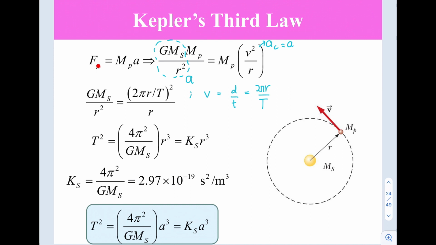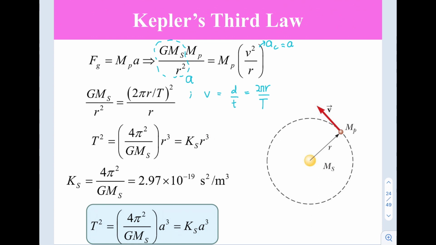So the G here comes from the sun, which is why we use the mass of the sun. In simple terms, everything in the parenthesis is replaced with a simple term, Ks. This is a constant, and S stands for sun. So T squared is equivalent to Ks over R cubed.